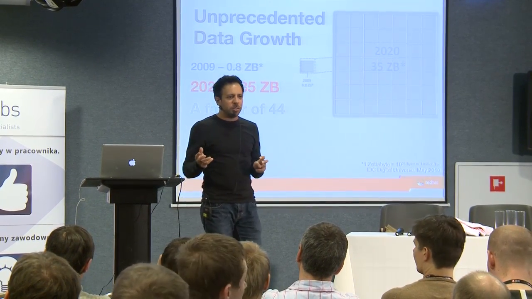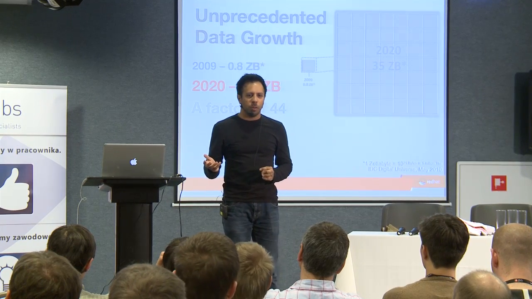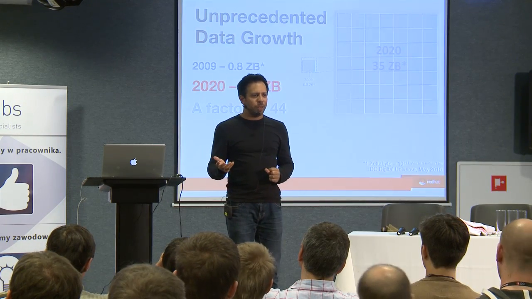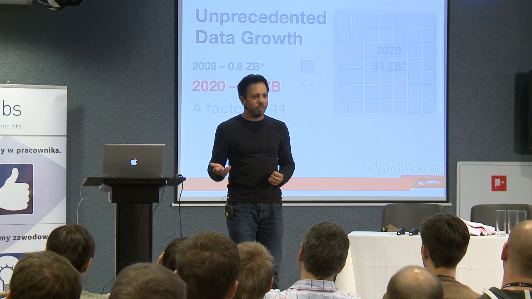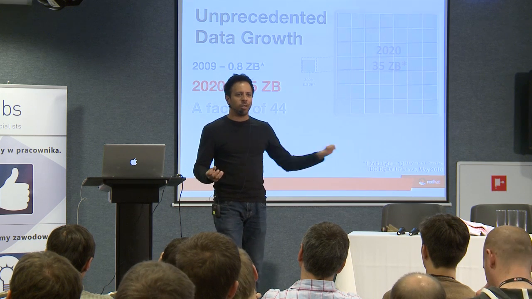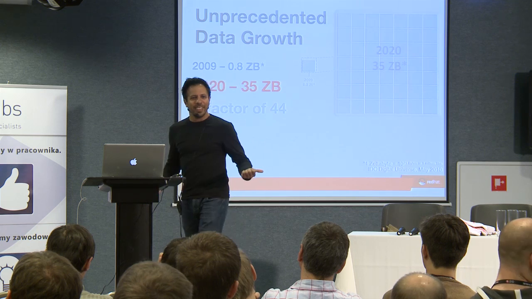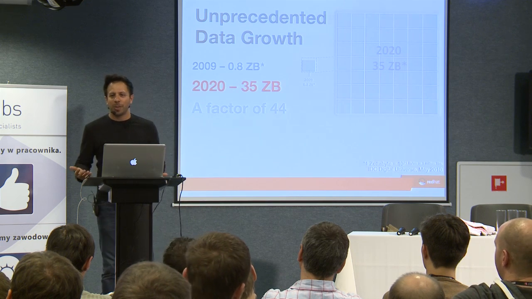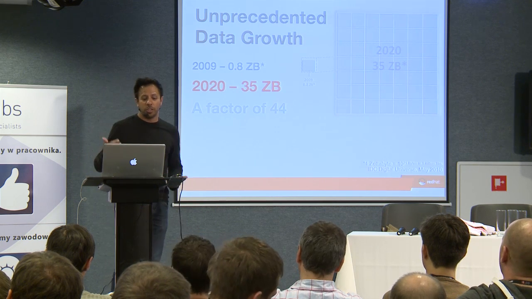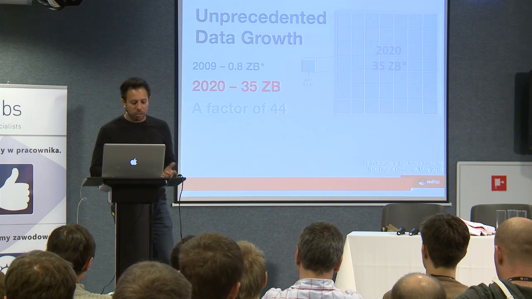I mean, there was an article in The Economist a couple of months ago on big data. It's like, seriously? Big data is like a technical thing. It's meant to be something for computer scientists. Why is The Economist writing about big data, right? I mean, it's becoming pretty mainstream. It's a mainstream problem, and everyone knows about it, and everyone needs to deal with it. So that's why it's interesting.